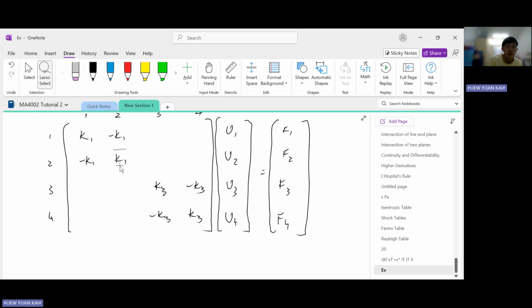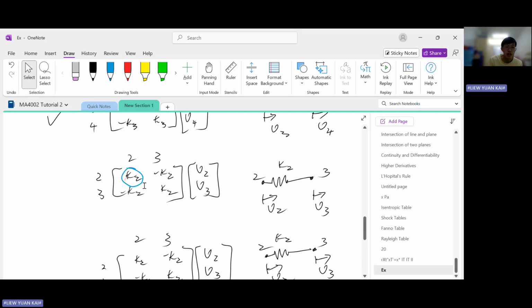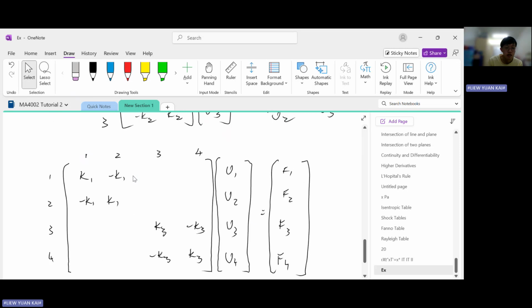Okay, so we previously got this K1 from the first element matrix, right? Hold on, my laptop is lagging a bit. Okay, yeah, we got this K1 from the first element matrix, right? And then the third element matrix says we still need to put in K2 into row 2 column 2. So that means we just simply plus K2. Okay, so that's how you deal with overlapping terms. You just simply add them together.